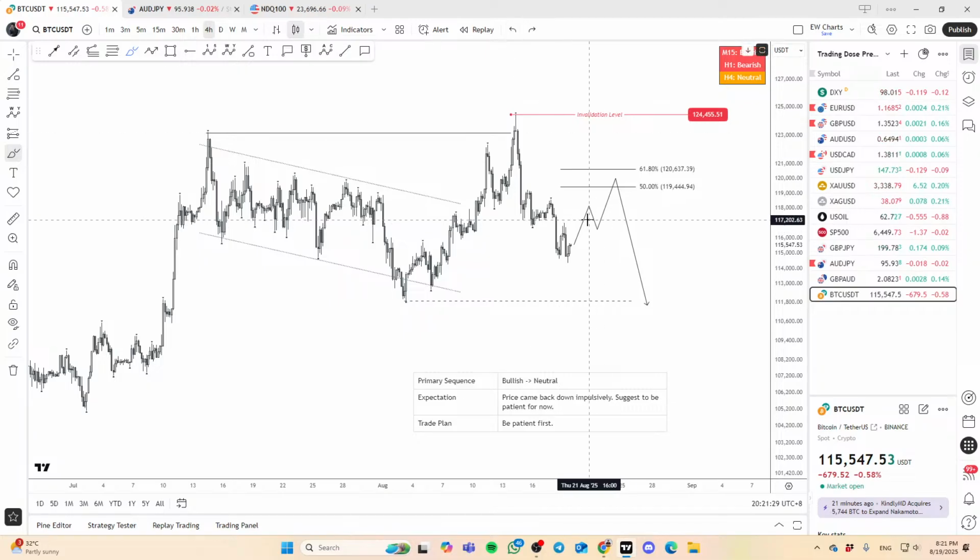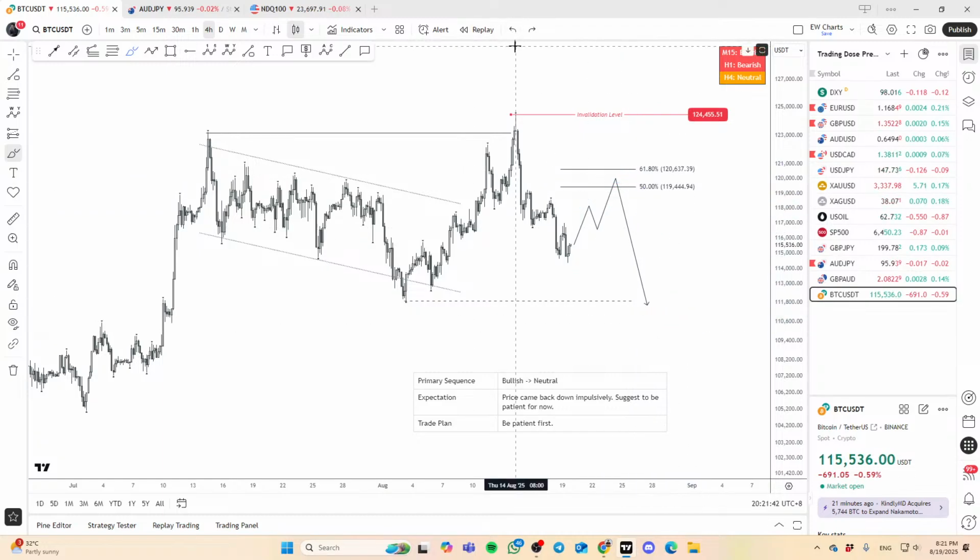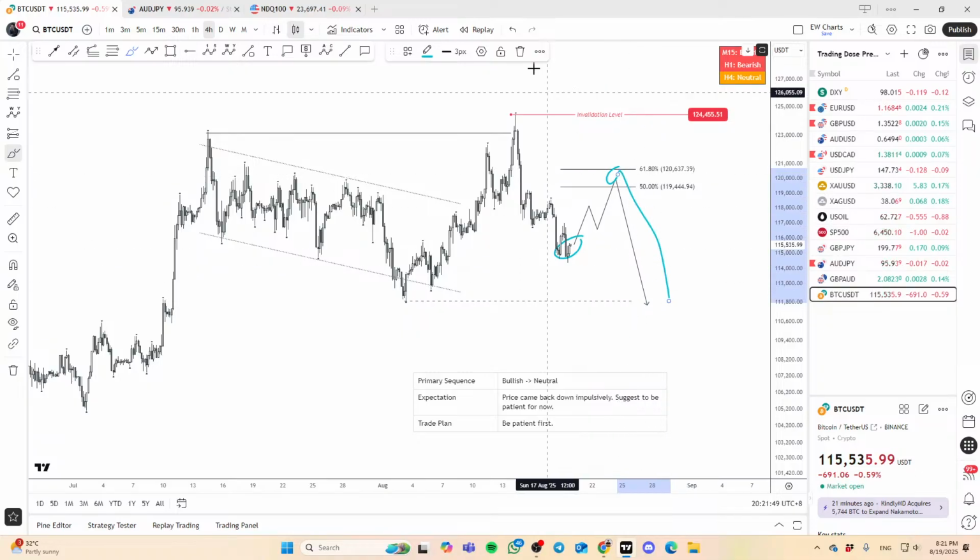So I would say short term, if you're looking to trade, if this pulls back, maybe look for a sell opportunity. If you're looking to add to your buy position, then you can look for a buy here, and of course just be cautious that this can reverse.